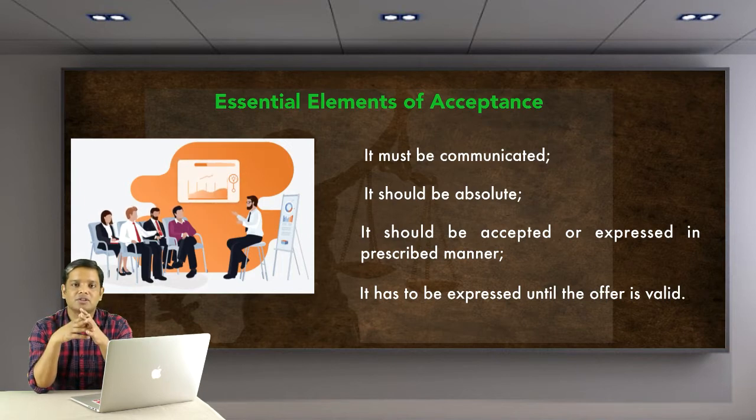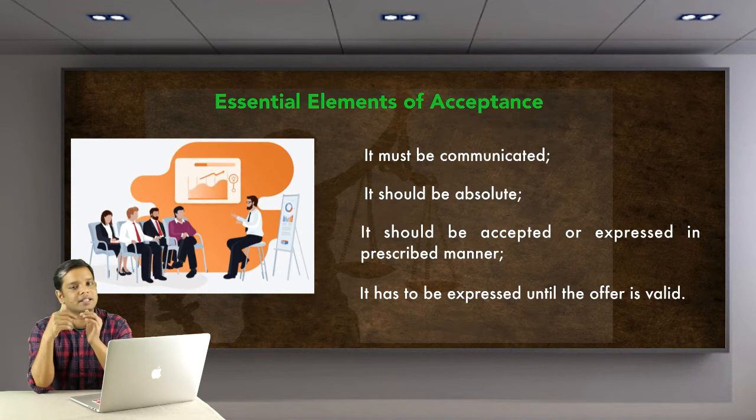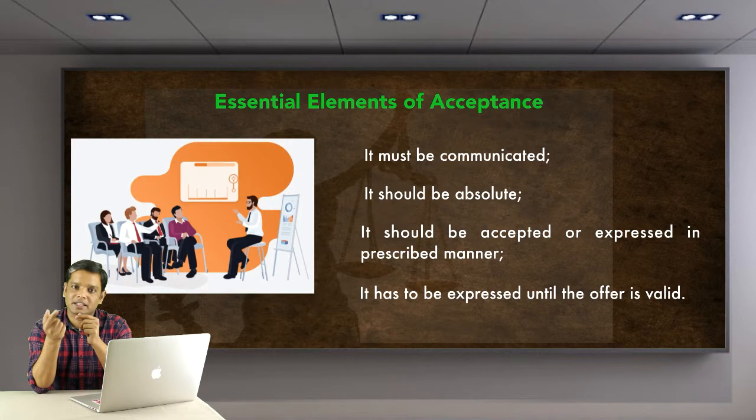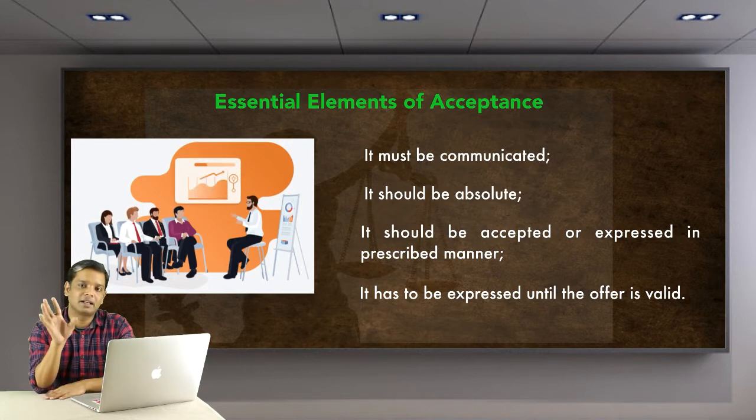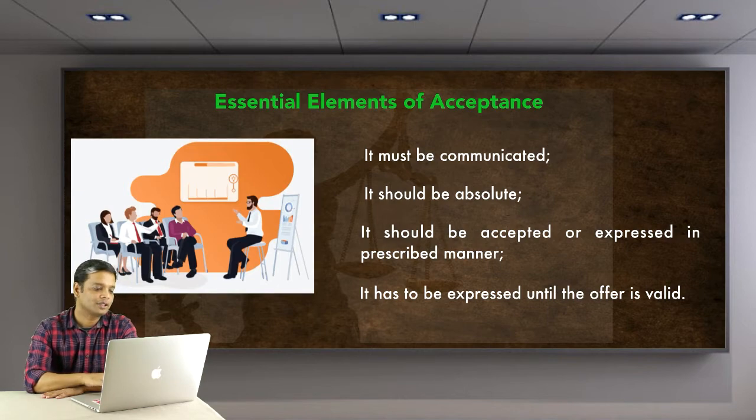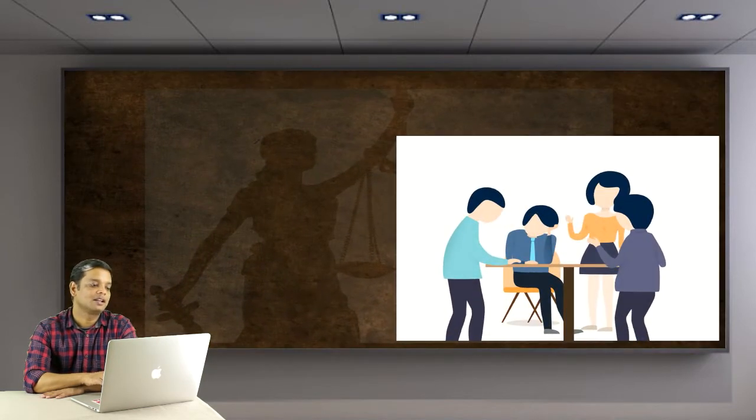So if you accept or reply to me in the given 5 days, fine, or else it won't be valid. On the 6th day, it's up to me whether I accept your reply or not. So your reply is valid until 5 days. So those are the essential elements of acceptance.